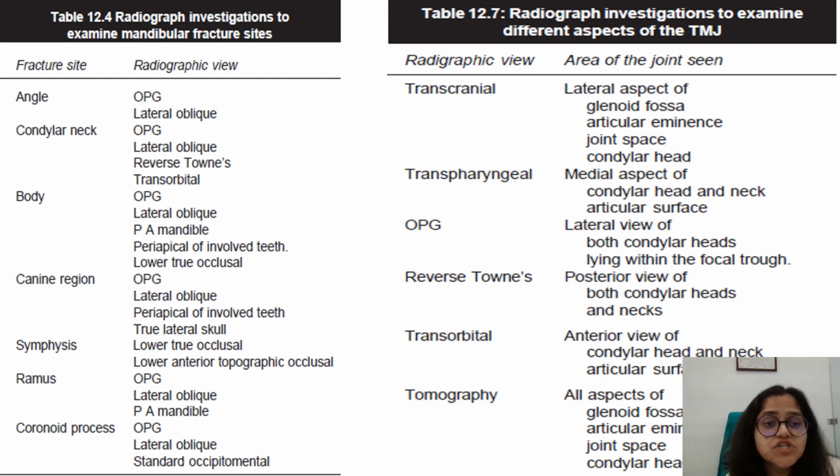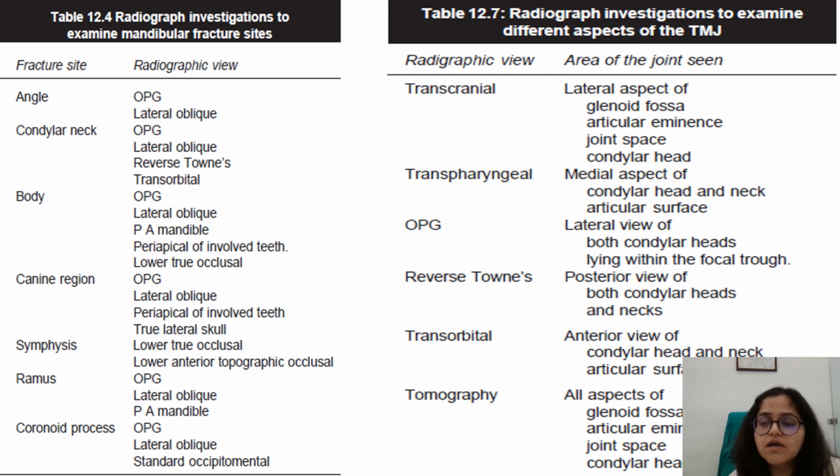Then radiographic investigation to examine mandibular fracture sites: according to the anatomy of the fracture site, we can go for any investigation. If you want to evaluate different aspects of the TMJ, then transcranial, transpharyngeal, OPG, reverse Towne's, and transorbital views and tomography are the various views.